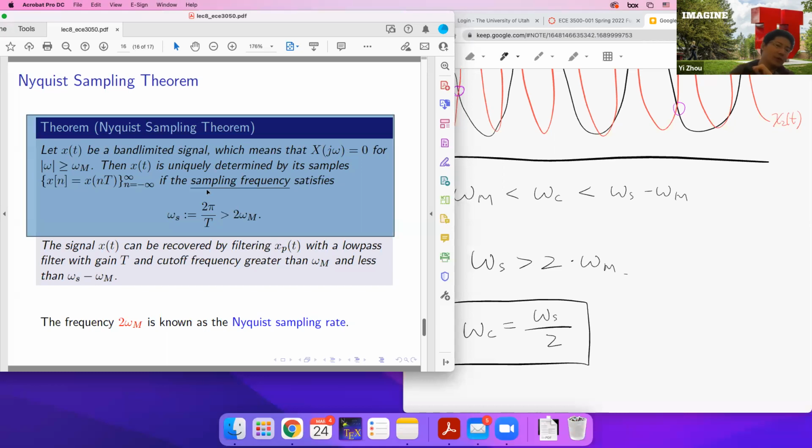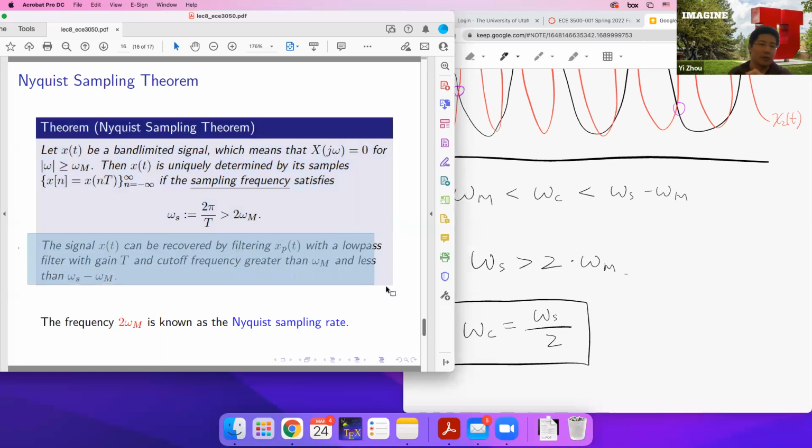And the backward process is right here, which corresponds to the reconstruction process. Meaning that if you sample at the Nyquist rate, then you will be able to recover the signal by low pass filtering. This is what this paragraph says.